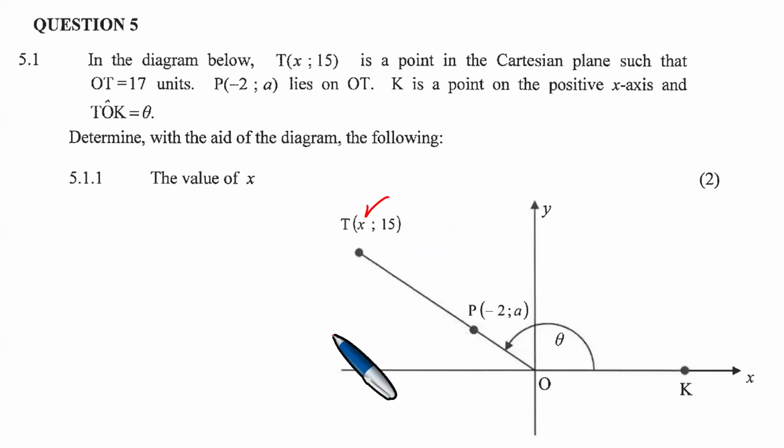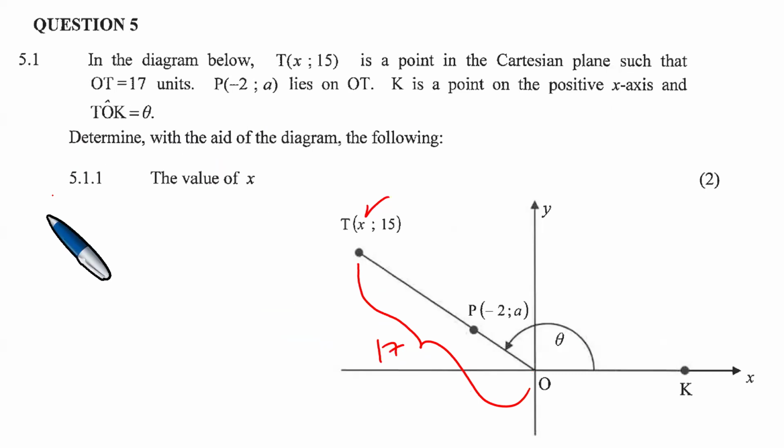So how do we find the value of x? You can see that x is the x coordinate of the point T. To find it, we can use Pythagoras theorem because we already know OT is 17 units.